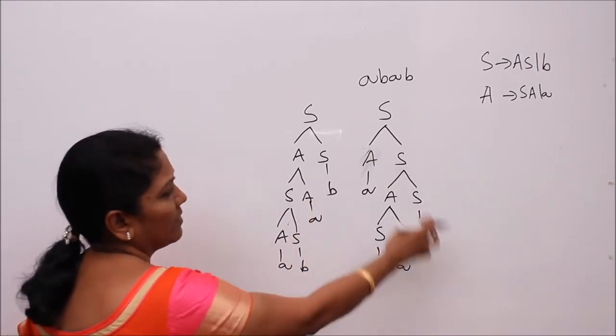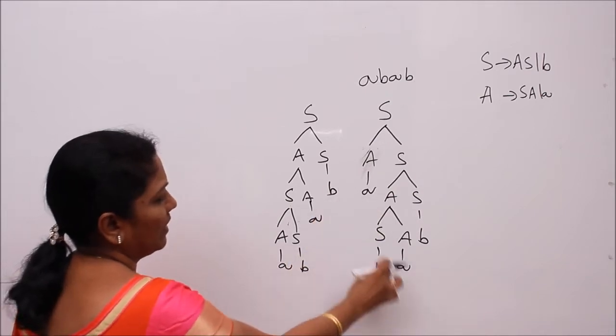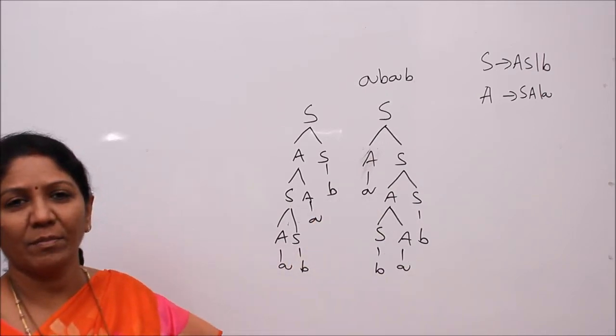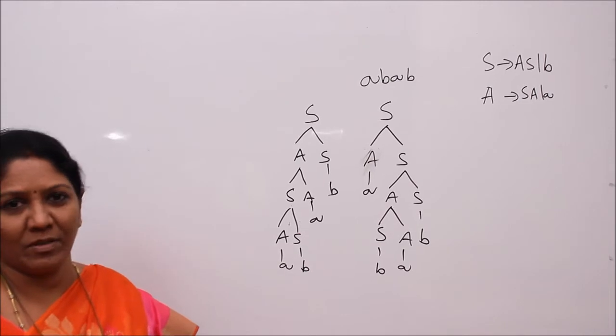This is different and this is different. AB, AB. Two different parse trees show that the grammar is ambiguous.